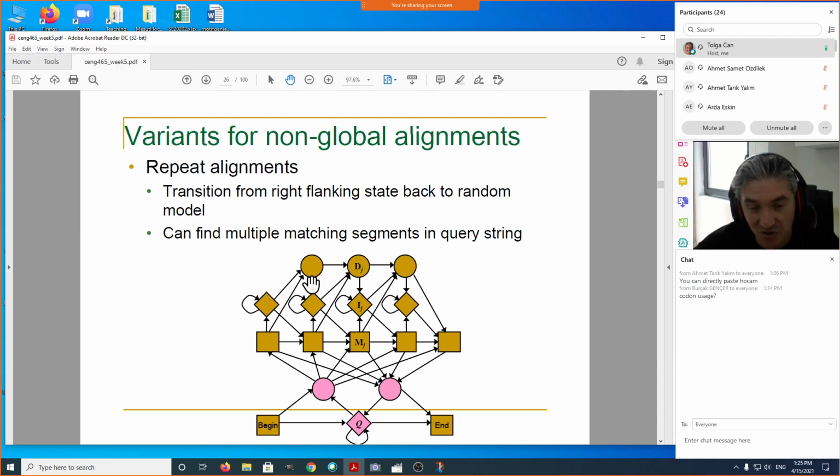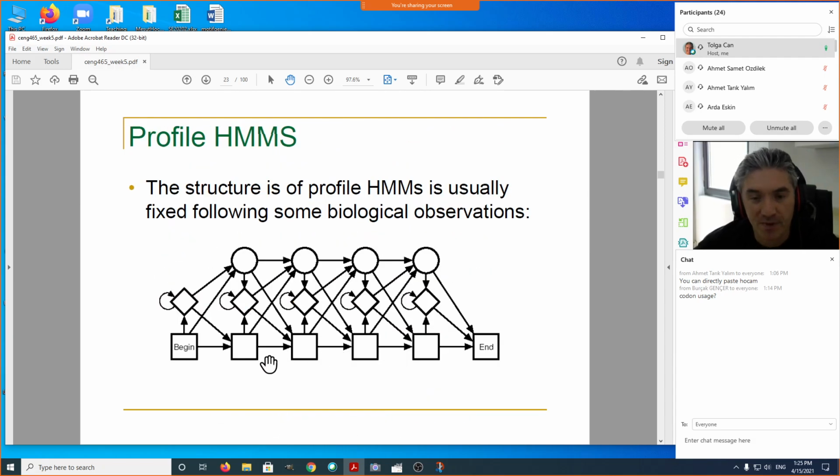How many times it repeats in a sequence will also determine your transition probabilities here. But these variations are on these slides only for you to keep in mind that this is just a template that people use most popularly, but it's not the only profile hidden Markov model template that can be used for different specific purposes.